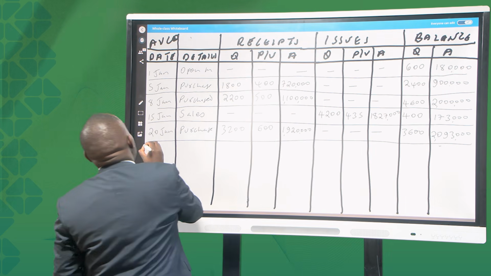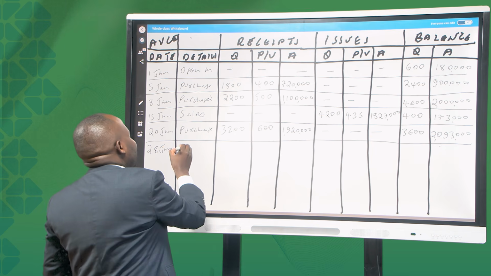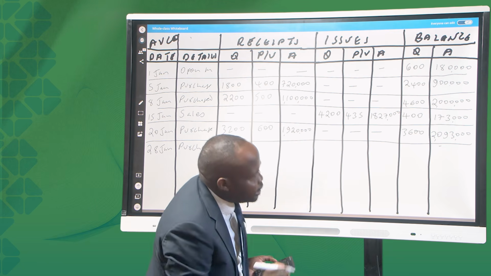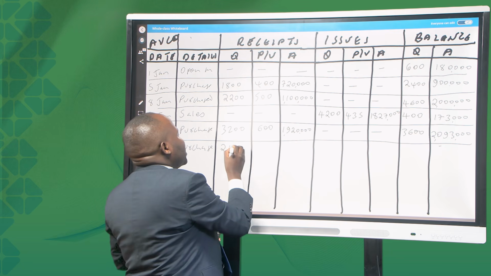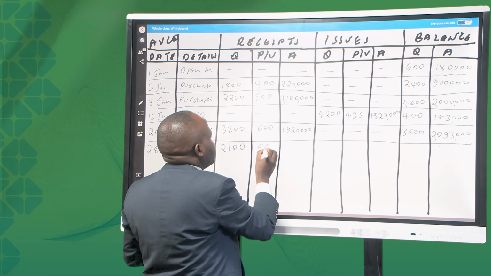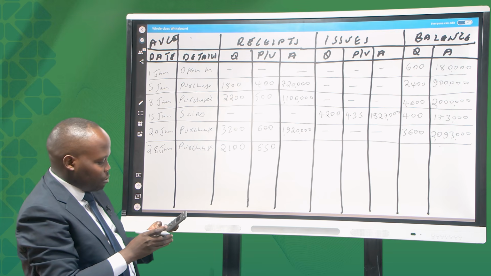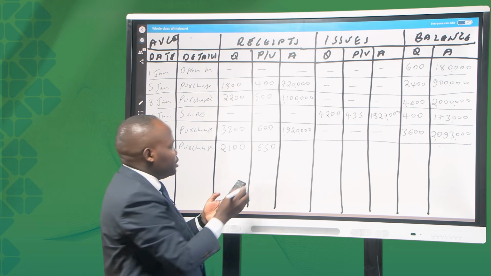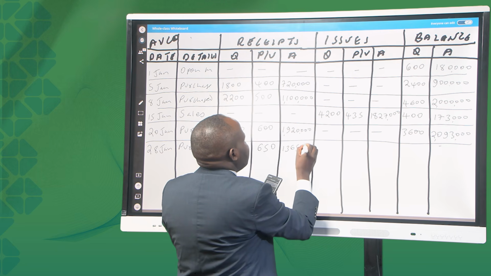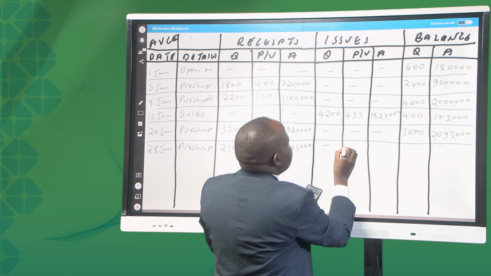We go to the next date, 28th January. On 28th January, again, we purchased 2,100 at a price of 650. So 2,100 times 650 gives us 1,365,000.